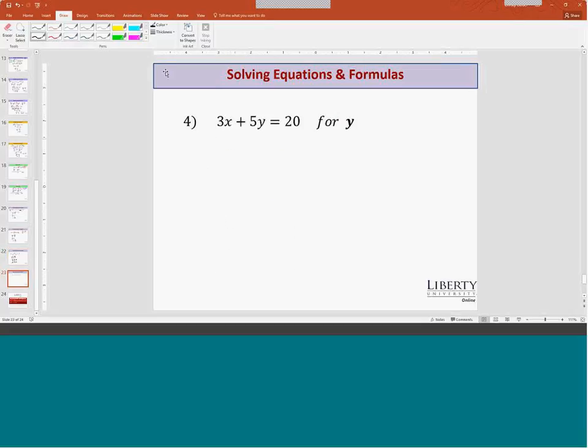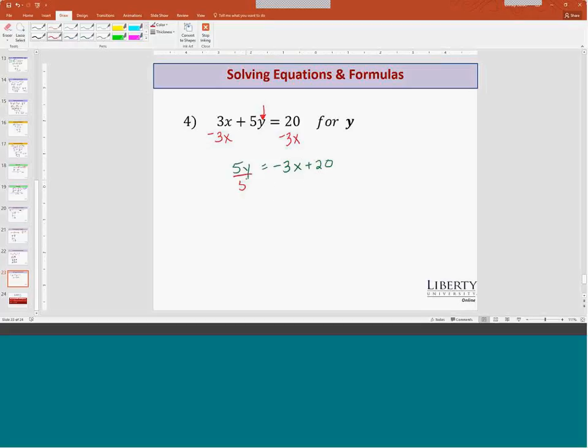One more and then we'll be done. Now we want to solve for y: 3x plus 5y is equal to 20. We look at what's being done to my y variable. We need to get rid of this 3x by subtracting 3x from both sides. That leaves 5y on the left, equal to negative 3x plus 20, or 20 minus 3x. It doesn't matter for linear equations, because this is a linear equation, but you pretty much want to express the x term first.